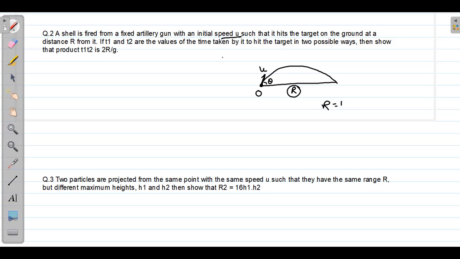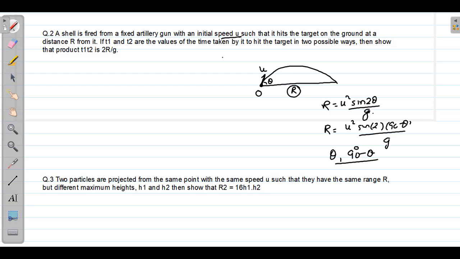R is equal to, by the formula, u square sine 2 theta by g. Same range we achieve with the complementary angle, that is 90 minus theta. R will also be equal to u square sine 2 into 90 minus theta by g. Same range for angle theta and 90 degree minus theta.